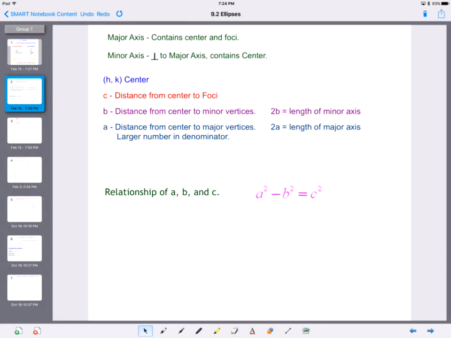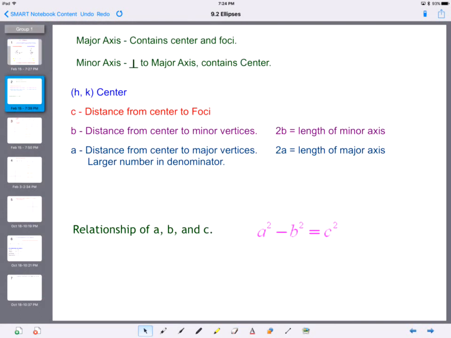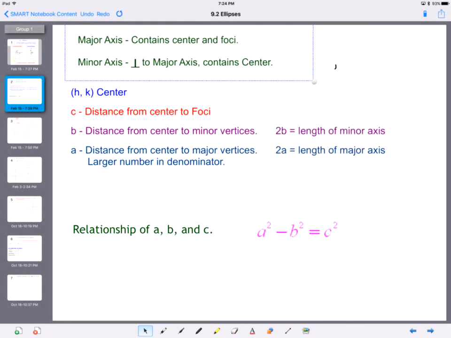Some of the things that we need to know: the major axis contains the center and foci, and we could also add that it includes the major vertices. I can't fix that, oh well, I'll write it in.